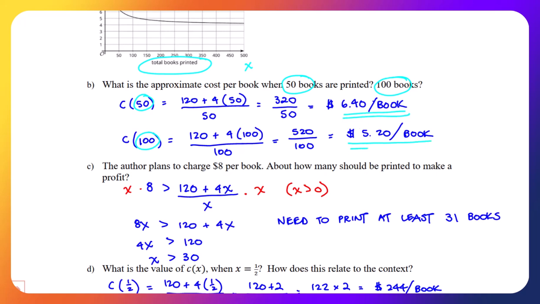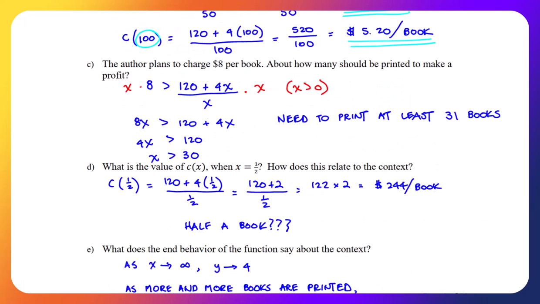Looks like the more books I print, the lower the cost per book becomes. We'll change it up a bit here. Now the cost per book is going to be $8. Put the $8 here. And if I want to make a profit, that needs to be larger than the average cost of all the books.